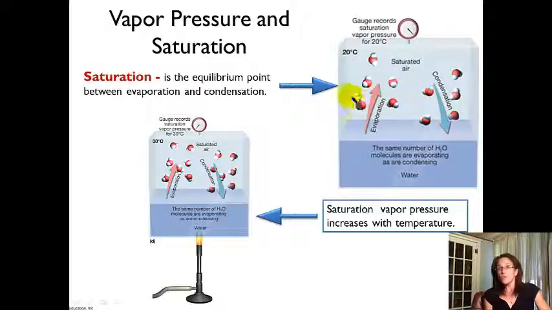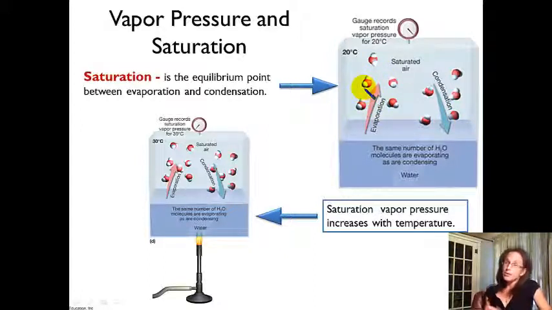And so we can't move any more water vapor into the air than we already have. So in this case, the same amount of water is evaporating as is condensing. The water vapor in the atmosphere is no longer increasing. So we can't increase that quantity of water vapor in the atmosphere anymore. And we call that saturation vapor pressure.